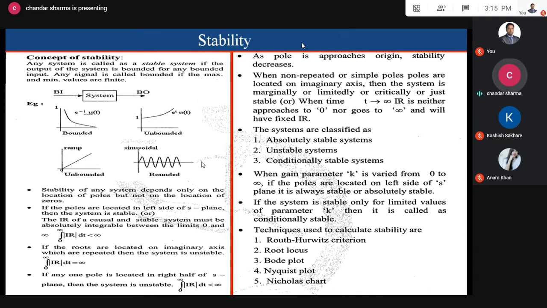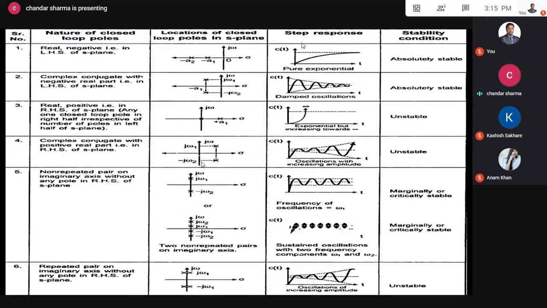There are various techniques to calculate stability: Routh stability criteria, Hurwitz stability criteria, root locus technique, Bode plot method, Nyquist plot, or Nichols chart. By using these methods, you can find the stability of the control system or of any system.